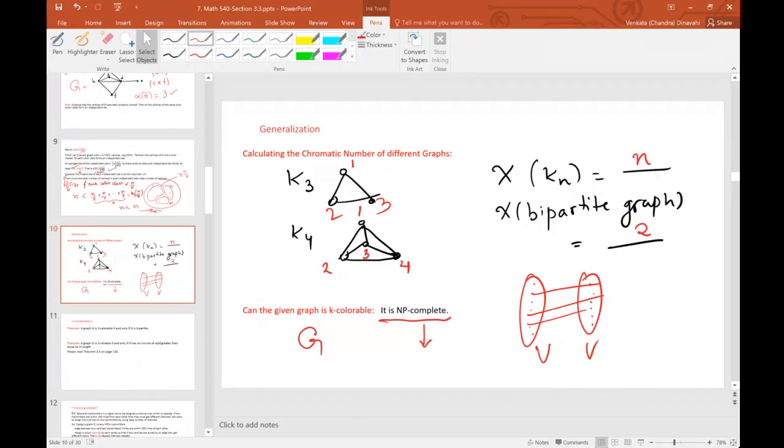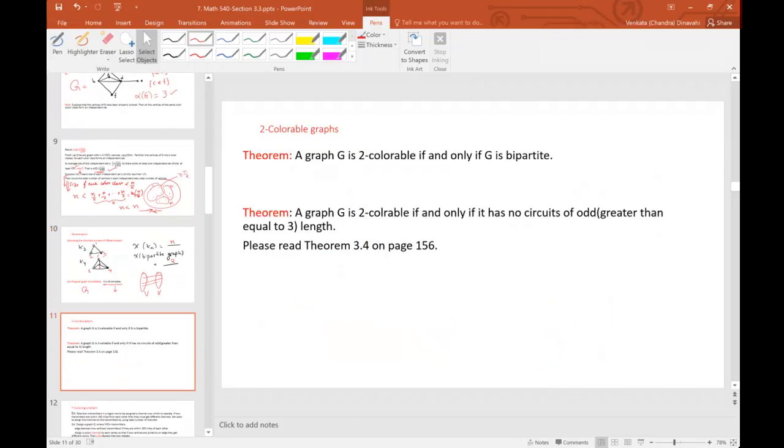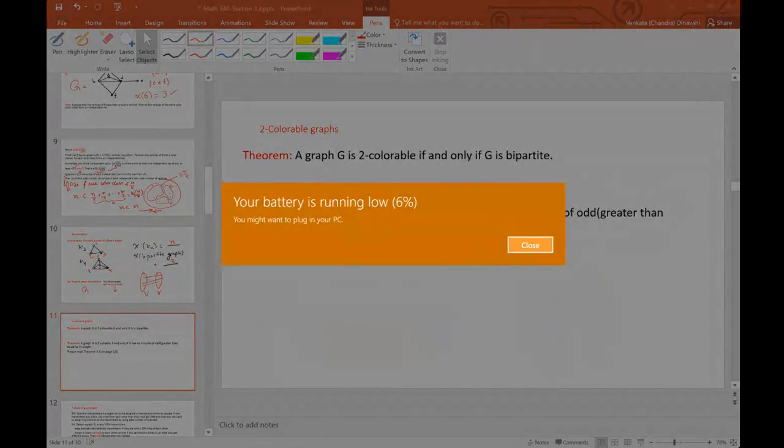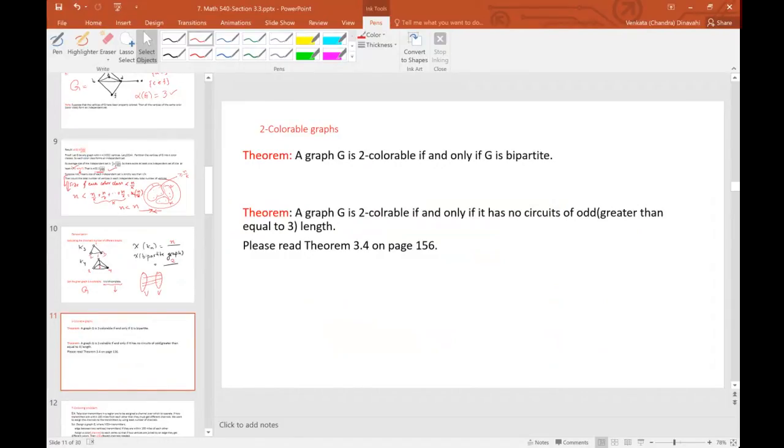But one thing you can do is say whether a graph is two colorable. A graph is two colorable if and only if it is bipartite, and this is extremely easy for you to prove. If the graph is bipartite, as I just discussed, you can put two colors, one for each part.